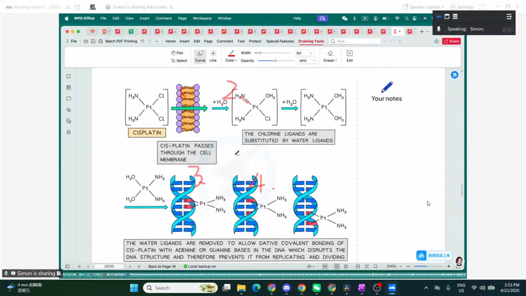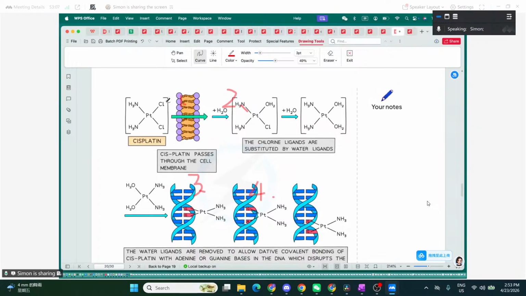The first step is the cellular uptake. The second is ligand exchange. The third one is DNA binding. And the final one is DNA damage, or replication inhibiting. So remember the mechanism of action of cisplatin.